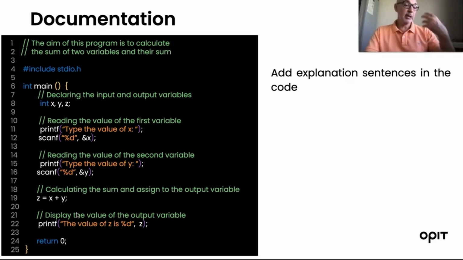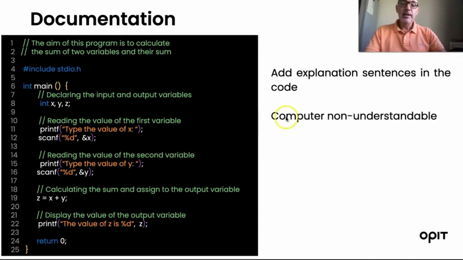Here it's basic, but you can imagine, for instance, that you have programmed something like Microsoft Word, or Google Maps, which is a huge program, and then we need some documentation to give the opportunity to any other computer scientist to read and understand if he needs to do something similar or if he needs to update the program.